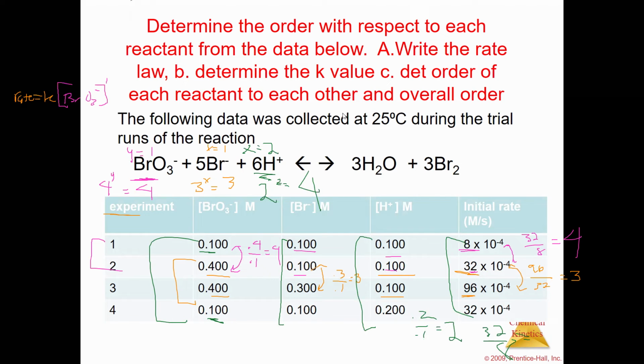Rate equals k times [BrO3⁻] times [Br⁻]. This is first order. And then the hydrogen, we found, is second order.